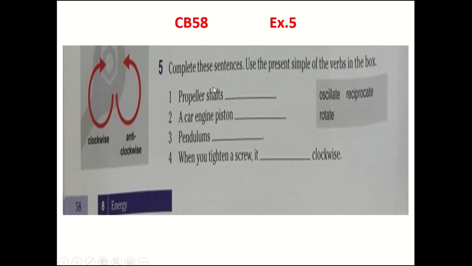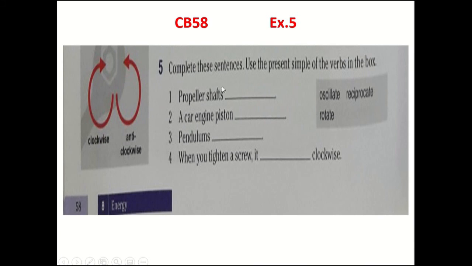Remember, we use the base form of the verb if the subject is plural, but we add s if the subject is singular. So, first you need to find out if the subject is singular or plural. Then you know whether you're going to use the base form of the verb or add s to the verb. We'll do number one together.